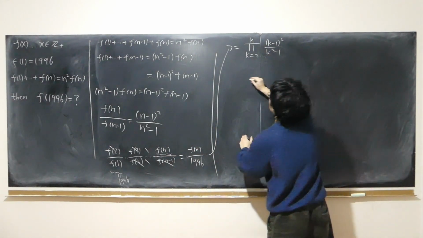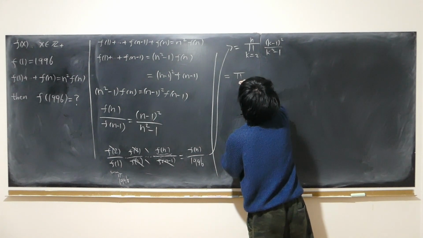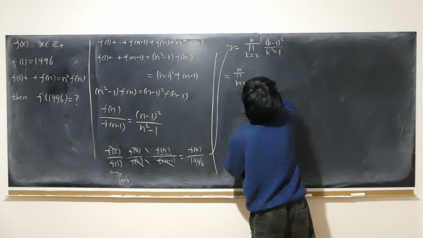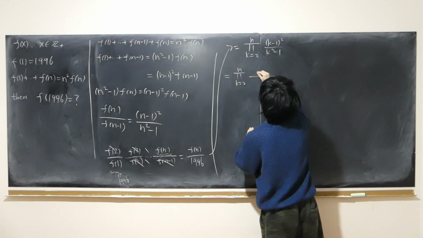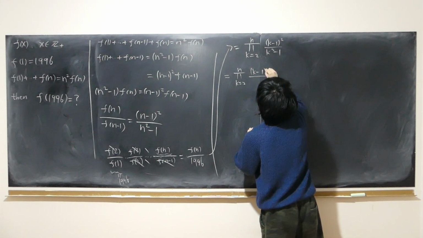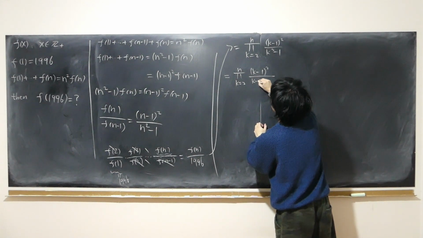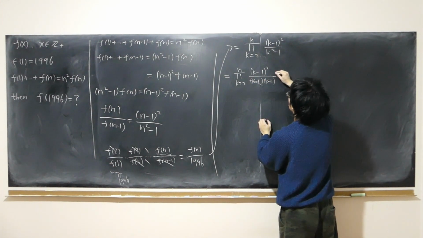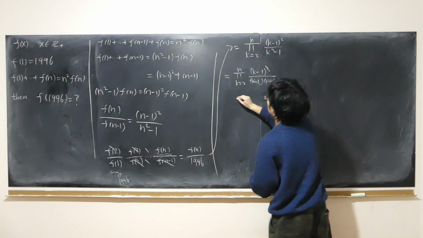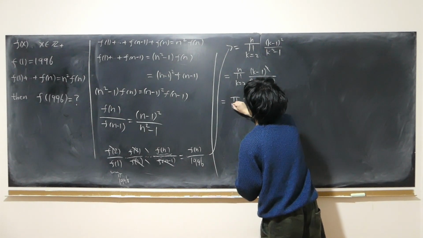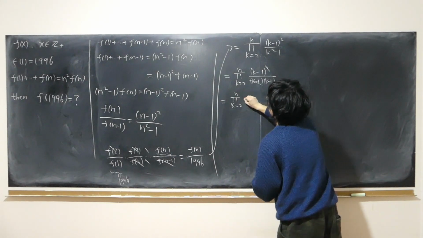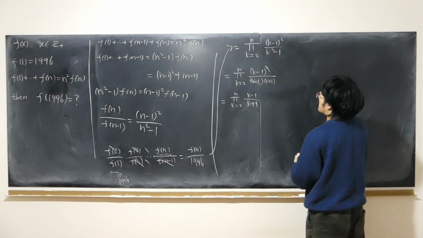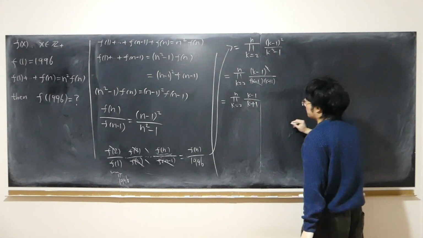Then k squared minus 1 is k minus 1 times k plus 1, a difference of perfect squares. Simplifying one k minus 1 away, that is equal to the product from 2 to n of k minus 1 over k plus 1.